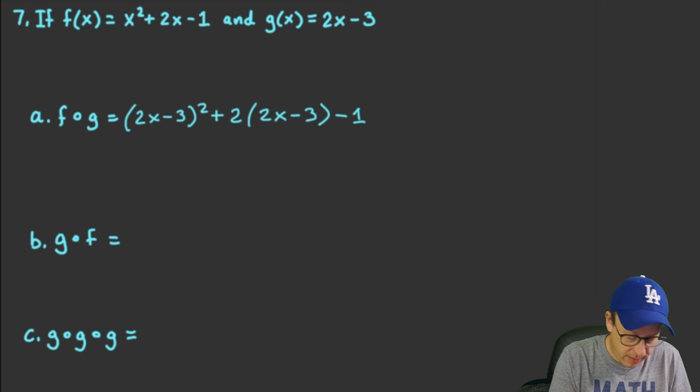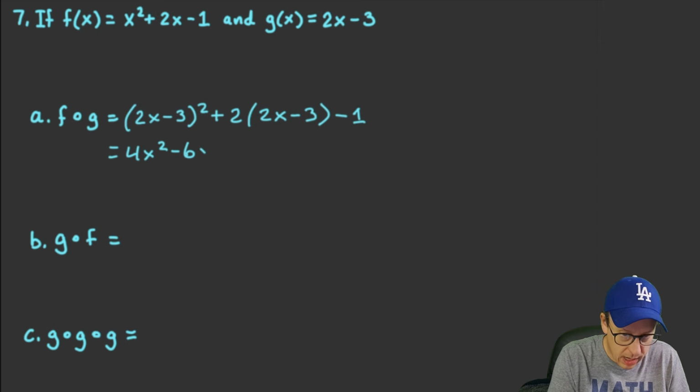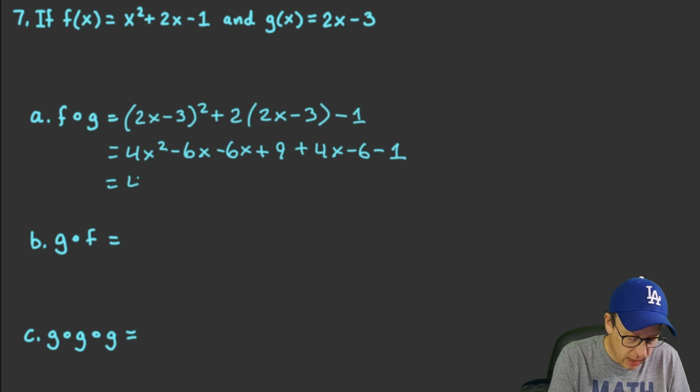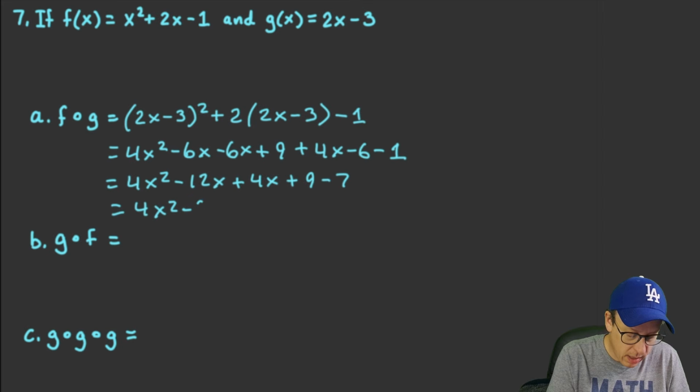And then we just multiply through, so this ends up being equal to 4x squared minus 6x minus 6x plus 9 plus 4x minus 6 minus 1. And equal to, cancel out, 4x squared minus 12x plus 4x plus 9 minus 7. And then we get a final answer, 4x squared minus 8x plus 2.